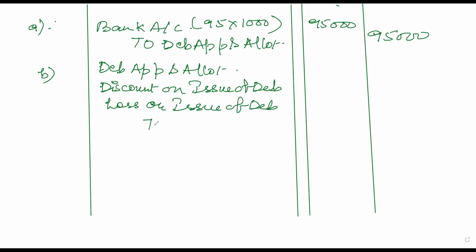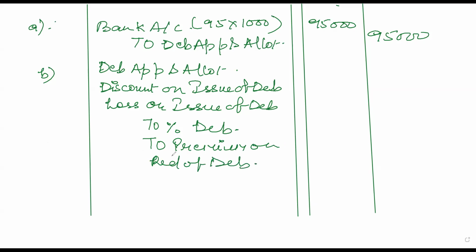After that, 9% debentures. And whenever there is a premium on redemption of debentures, as I already mentioned, you are going to credit it: to premium on redemption of debentures. It's very, very simple.